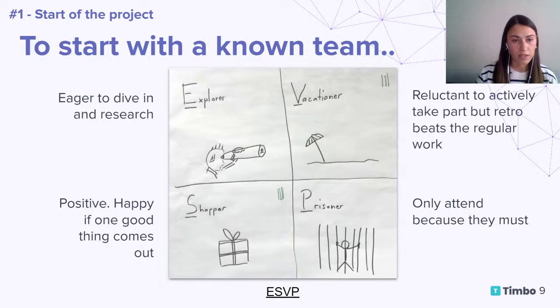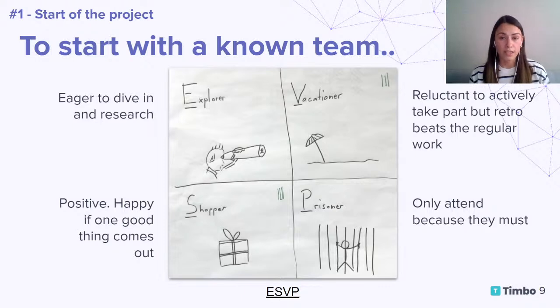Shopper is a positive person who might be not that active as explorer, but they are happy if there's at least something that comes out of the retro, maybe just one action point that's worth it. And prisoners, those who attend retros because they must.